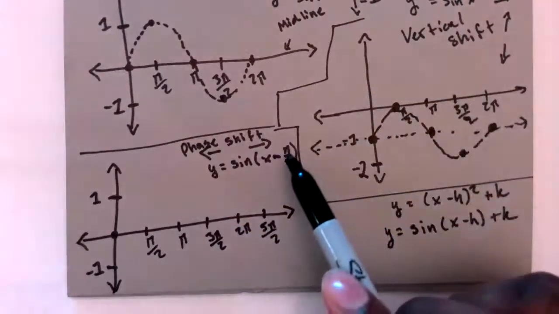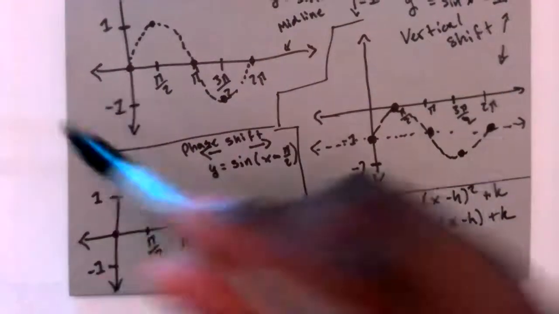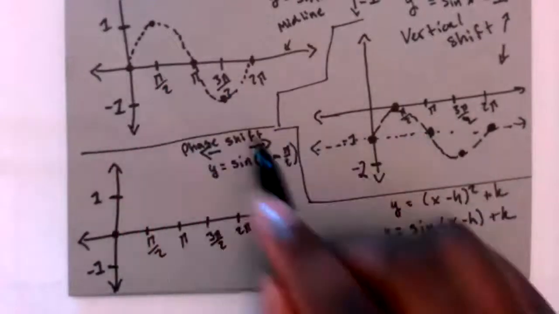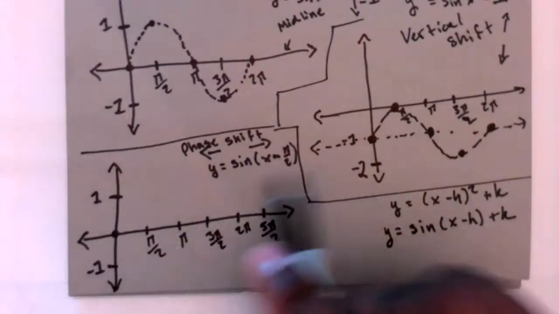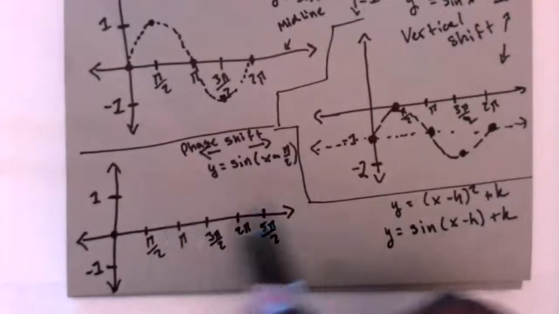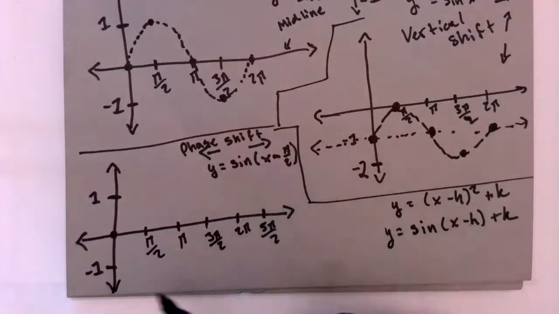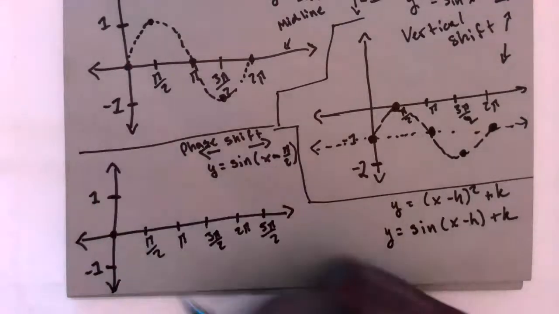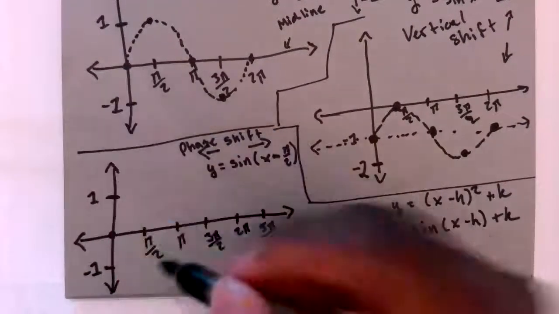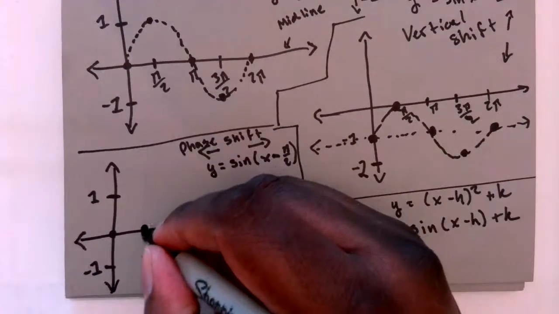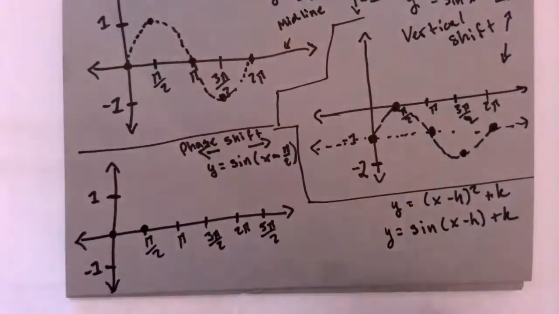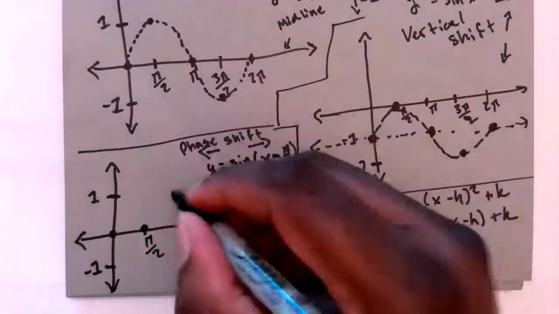But we phase shifted by pi over 2. In other words, we have shifted to the right. Remember, subtraction means going to the right. We've subtracted, or shifted, by pi over 2. So the point where we started at 0, 0 is now actually going to be at pi over 2. Then we just fill in the rest.